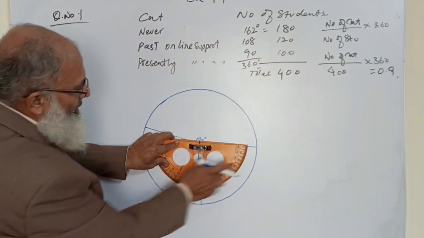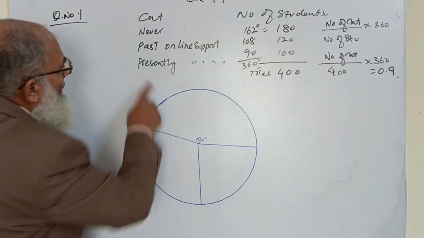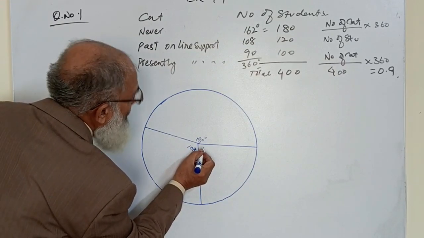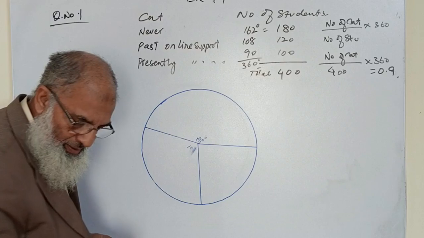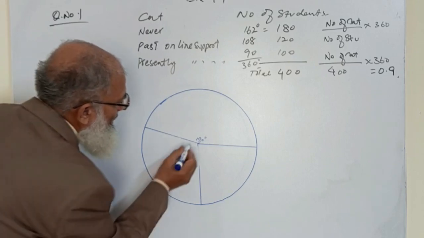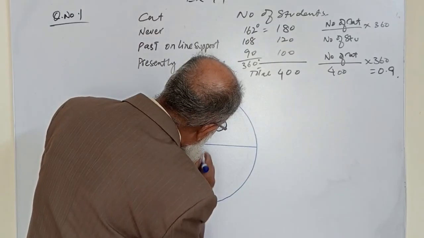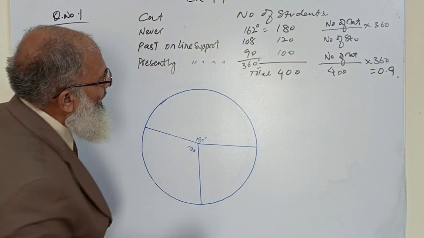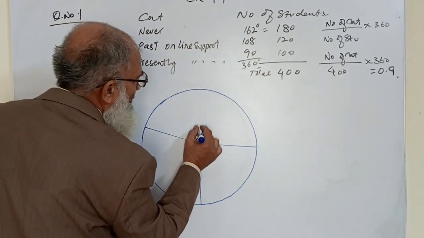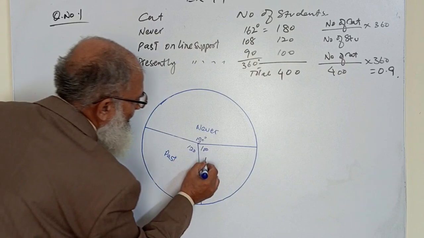You see that this is 90 degree, the left over. So my dear students, it is 108 degree, and these are 120 students, and 100 students over here. Now these students never used, used in past, and presently they are using.